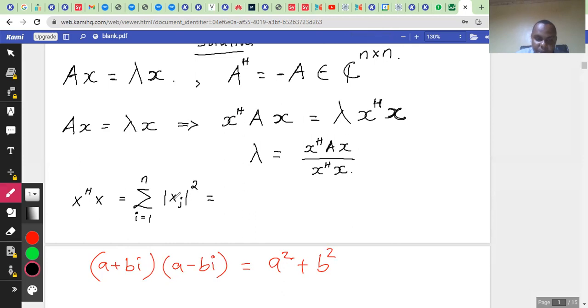Now this is what we are calling the absolute value of x_j squared. So it's the sum of j running from 1 to n of a_j squared plus b_j squared, and it will always be a positive real number.